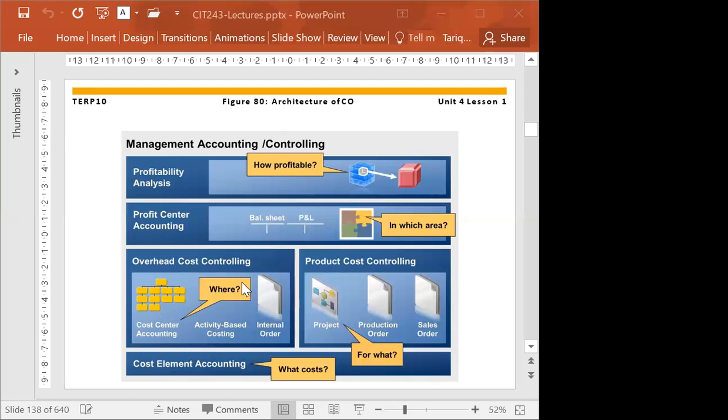But any transaction received by profit center accounting is not distributed. It is just received for reporting purposes, whether in profitability analysis or profit center accounting.